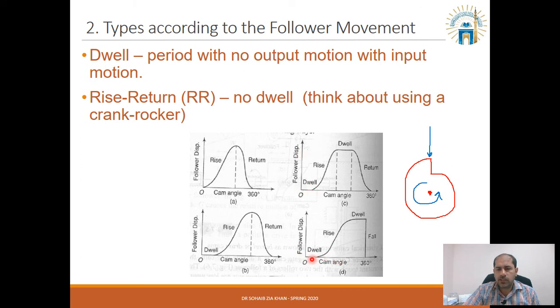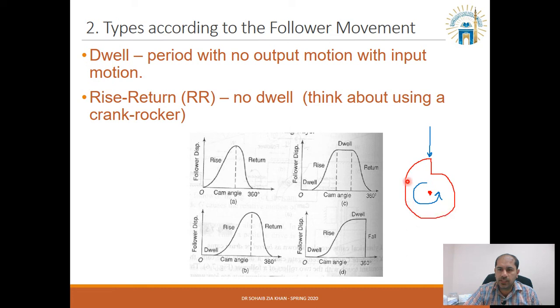The fourth graph is also showing that there is a dwell. After that there is a rise. Once it reaches the maximum position, there is a dwell again, and then suddenly it falls down. You can see this is not a very good graph, but it can explain this kind of situation. There may be a dwell period at the start where the diameter is the same, and after that it's increasing.